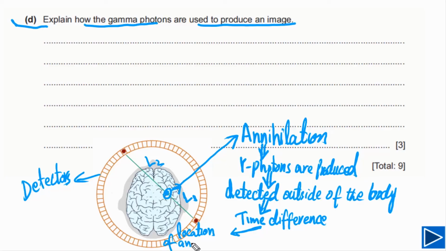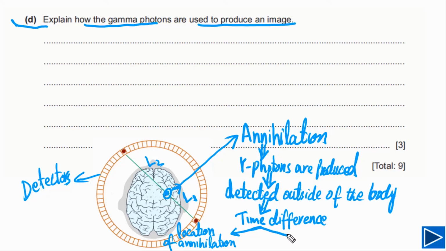So we can locate the position of a tumor or any part in the body of the patient where annihilation is taking place.